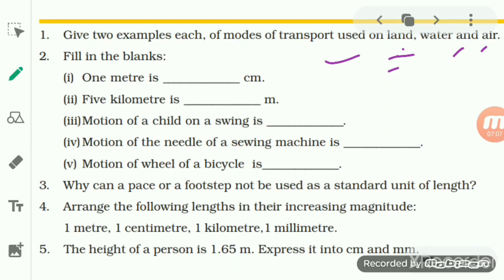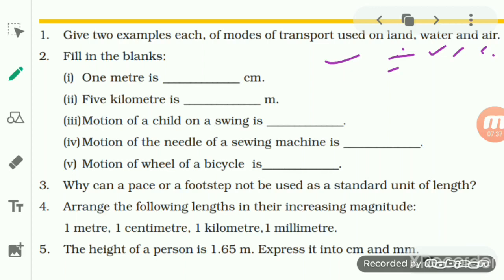Next one is the mode of transport used on water. Many modes of transport run on water, like a ship or a boat. You can write steamer, anything. Air. Examples of the mode of transport used in air are an aeroplane or a helicopter. You can write a supersonic jet.